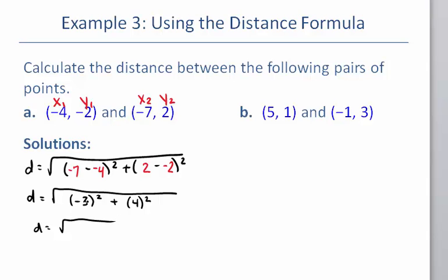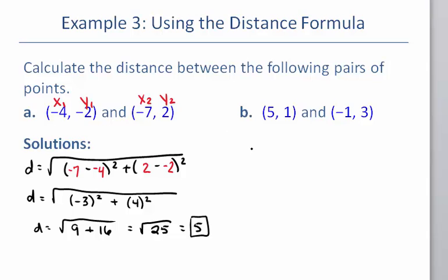Next, we do the exponents. So -3 squared is 9. 4 squared is 16. Adding those two together, 9 and 16 gives me 25. Taking the square root gives me a +5. And the distance is always positive because it is a reflection of the space between one point to the next, and so that should always be positive.